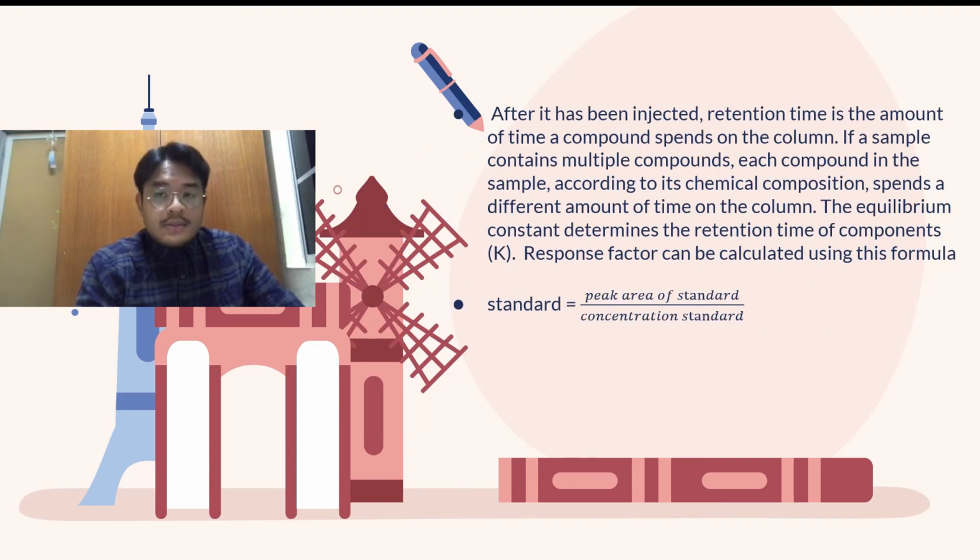After it has been injected, retention time is the amount of time a compound spends on the column. If the sample contains multiple compounds, each compound, according to its chemical composition, spends a different amount of time on the column.